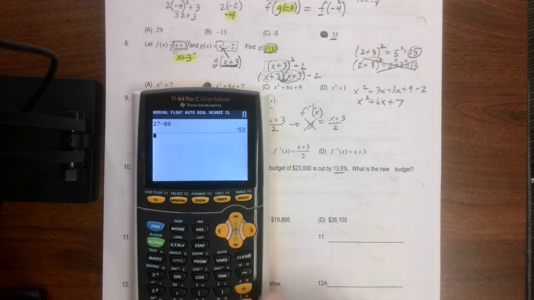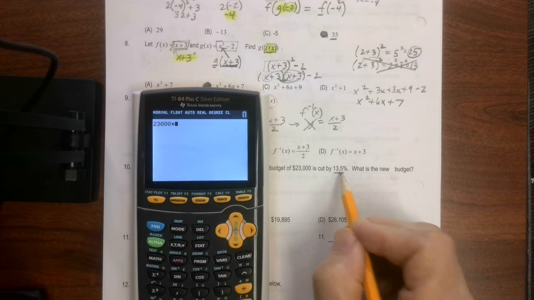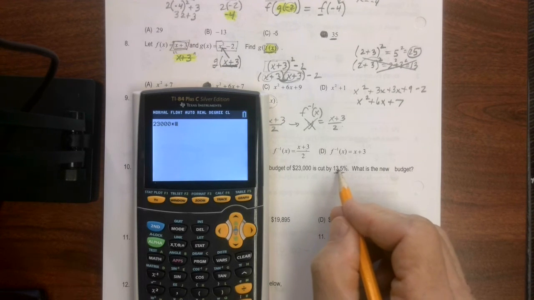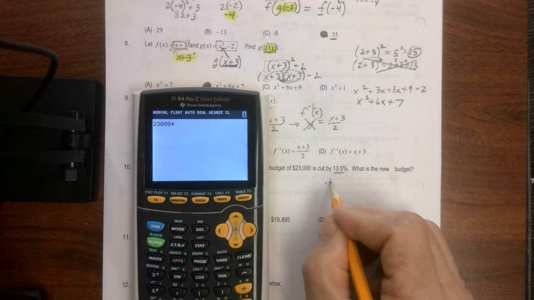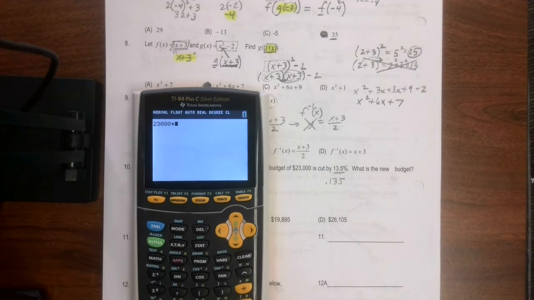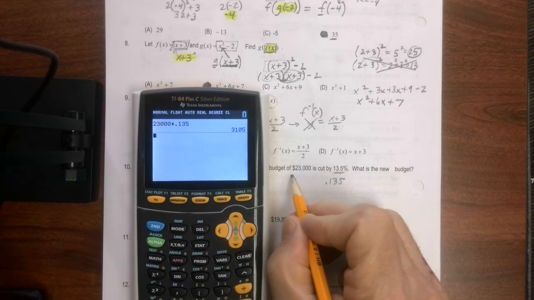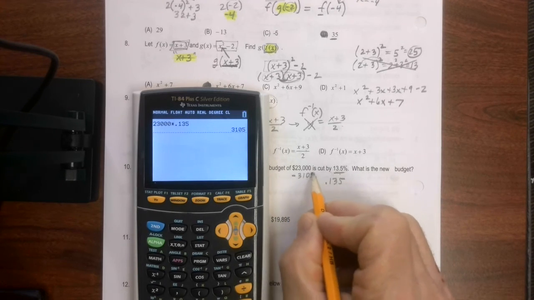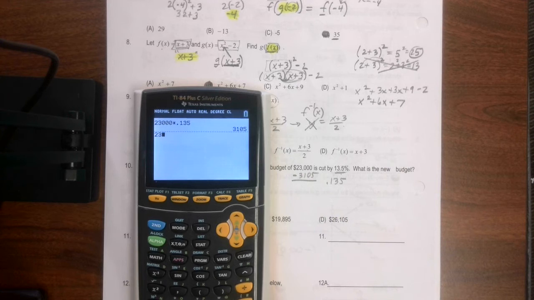So all we're going to do is take 23,000 and multiply that by this decimal. Remember, percent, we move the decimal back 2, so it's 0.135. And then we're going to subtract that. So 23,000 minus 3105.